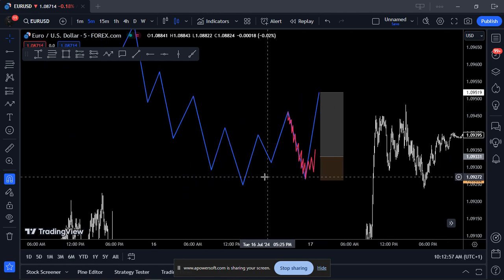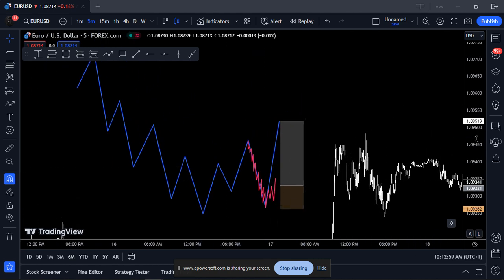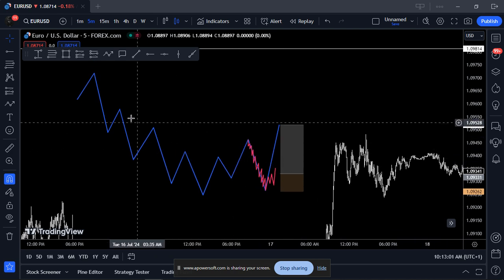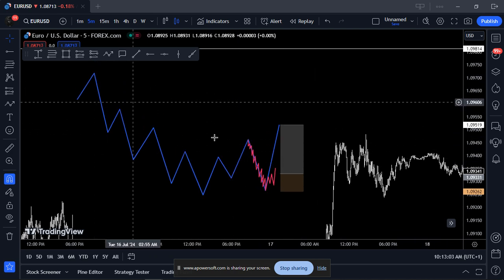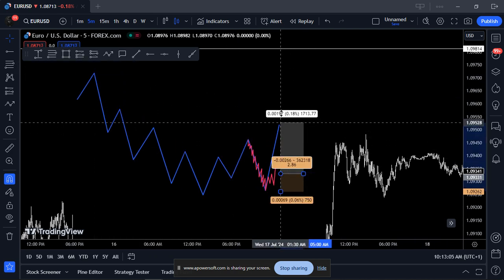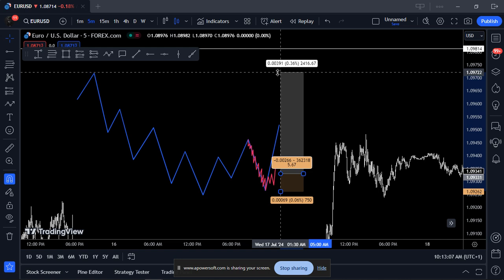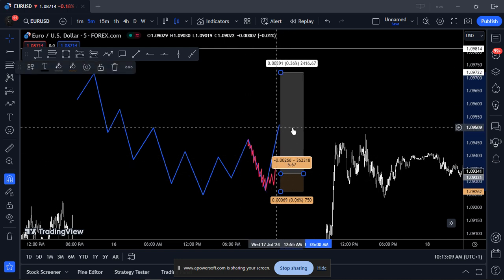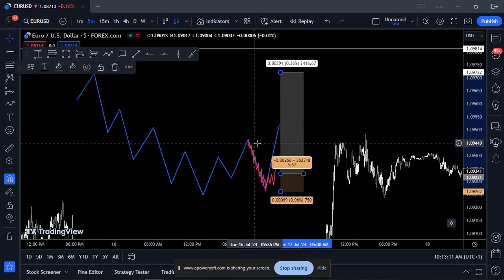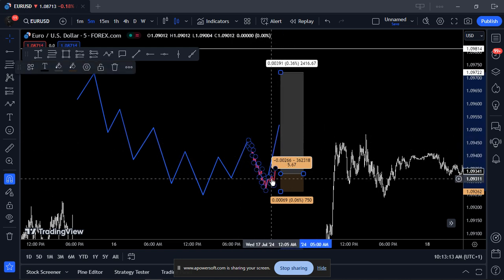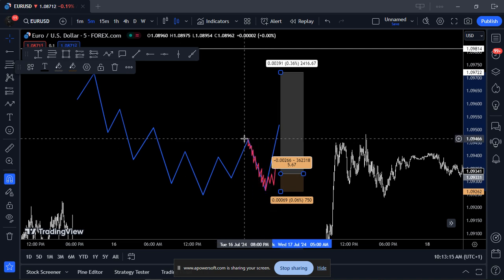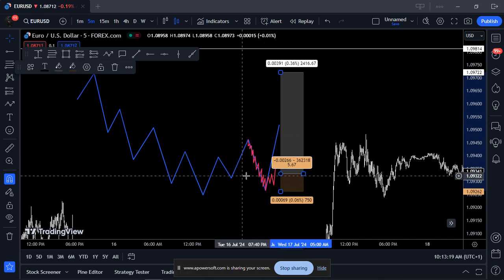Then the higher time frame, the 1 day time frame, might be targeting this high. When price gets to this high in your 1 day, it has formed a complete 1 day.